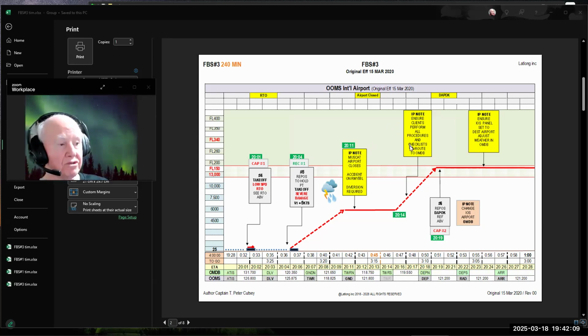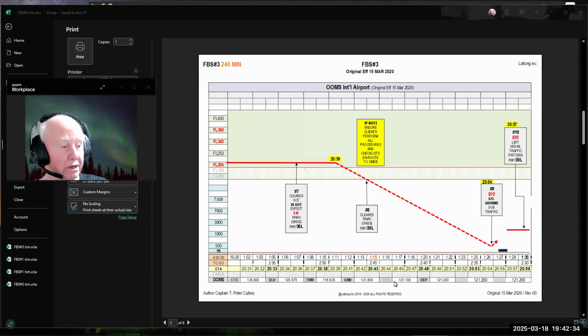These are all instructions to the instructor, and this is a timeline. And the actual flight path here is red because the operation is without one engine. So the flight path indicates also to the instructor, for ease of following, what should be done.